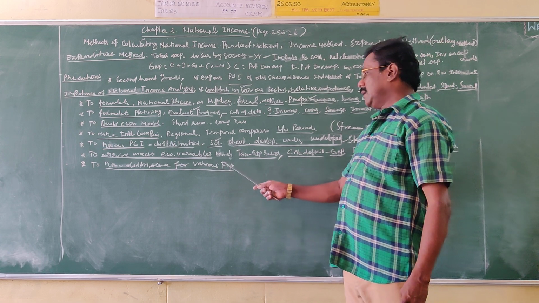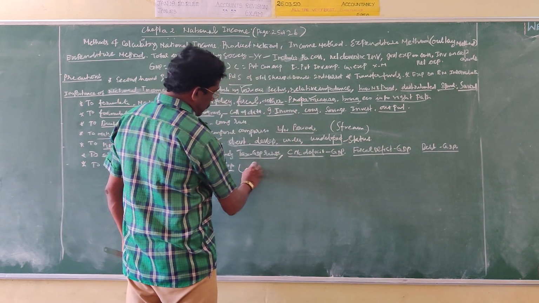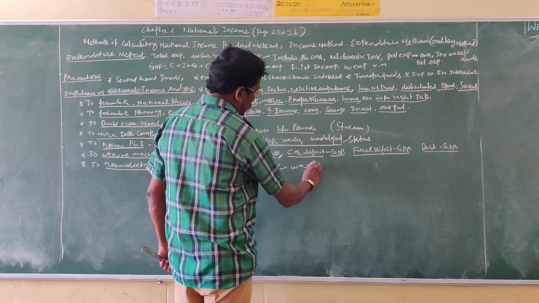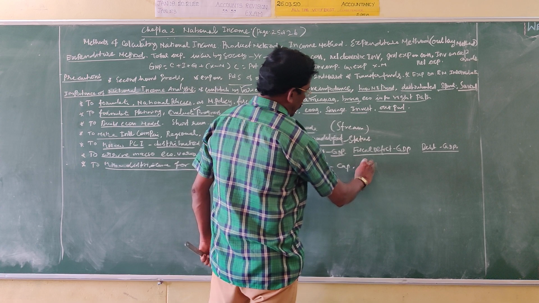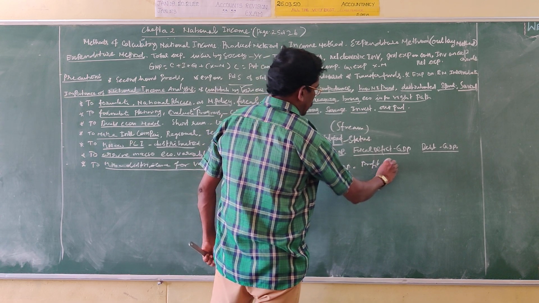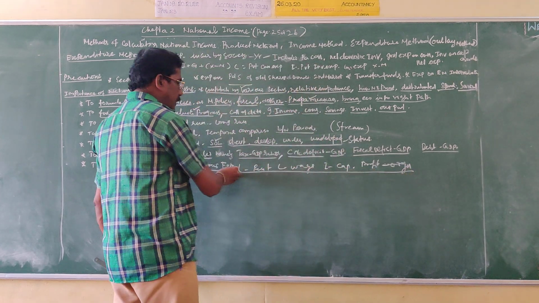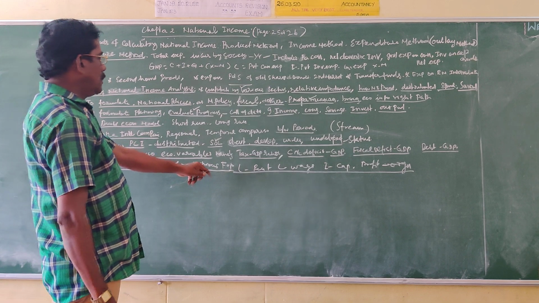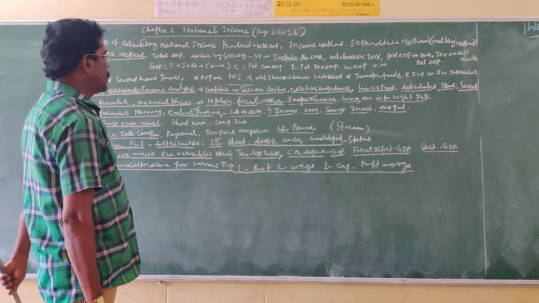The income for land is called rent, for labor wages, for capital interest, and profit for the organization. So how much income is distributed to various factors of production is possible only with the help of the study of national income analysis.